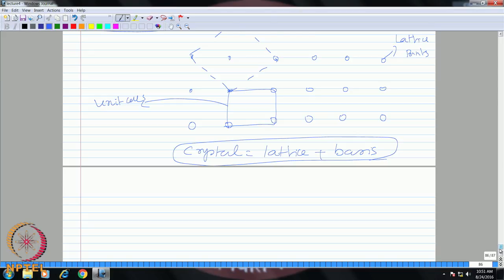Now, I do not think we will have much time, but let me give you a brief idea about what happens to electrons inside such a crystal structure. We are now moving from free electrons subject to some arbitrary potential to a real scenario.